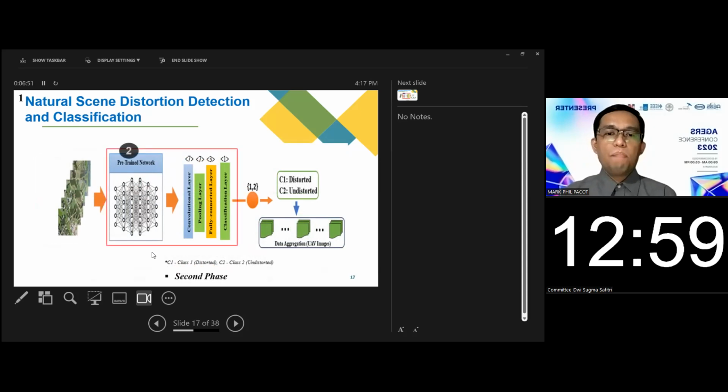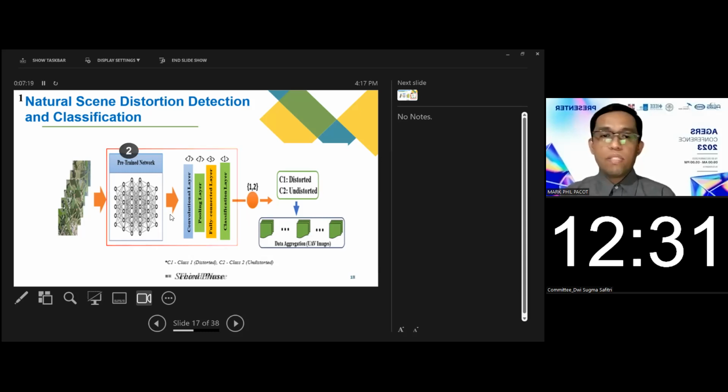Then we pass it onto our pre-trained network, for which we leverage the machine learning technique of transfer learning, coupled with our custom CNN with seven convolutional layers, seven pooling layers, three fully connected layers, and one classification layer, which identifies distorted and undistorted images.